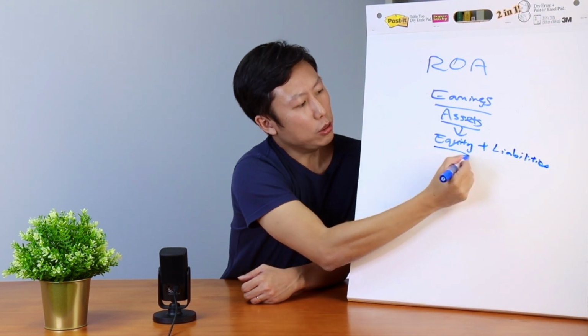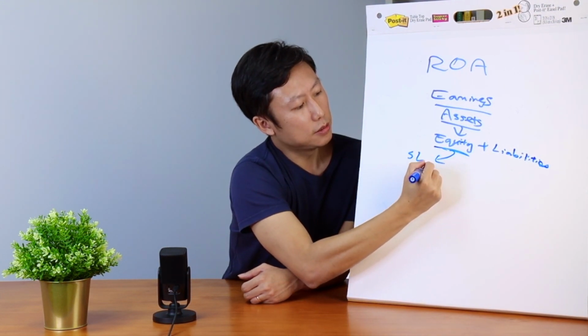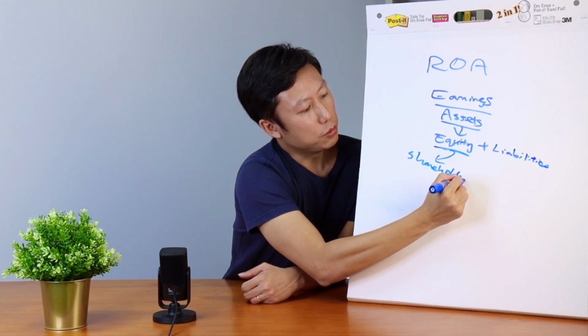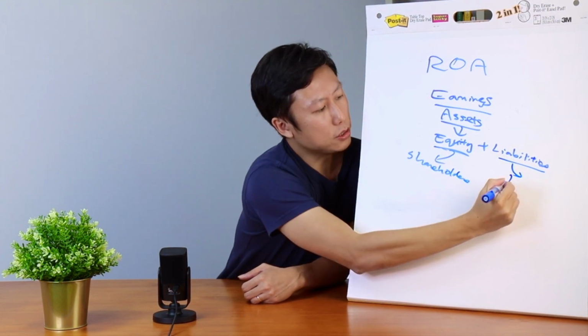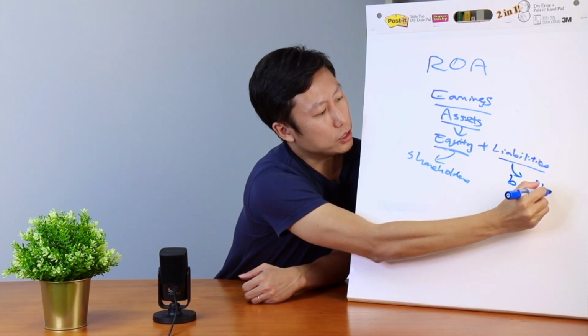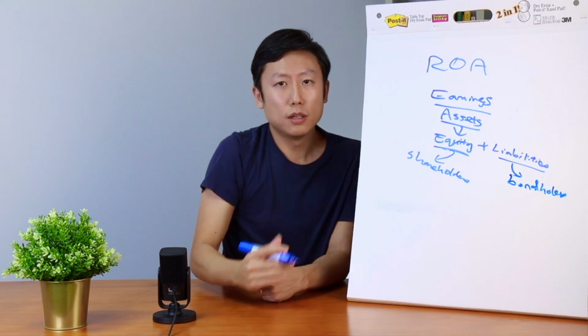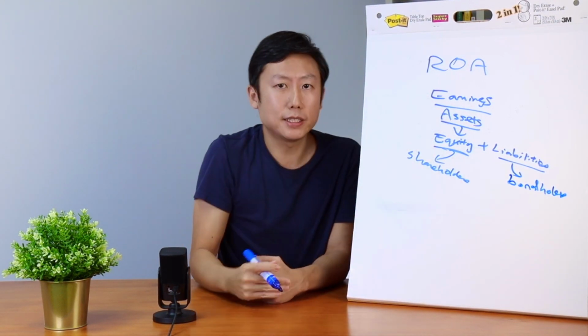So shareholders, you're on this side, which is the equity side, which we talked about in ROE. And this liability is your bondholders, your creditors, on the other side. So these two groups of people help to fund the assets in the company.